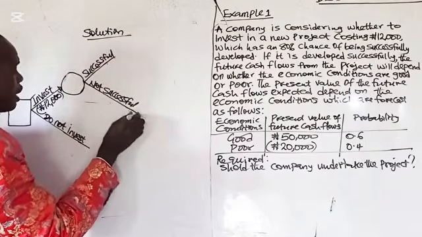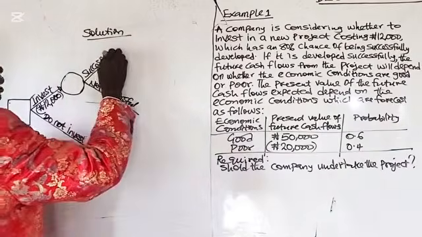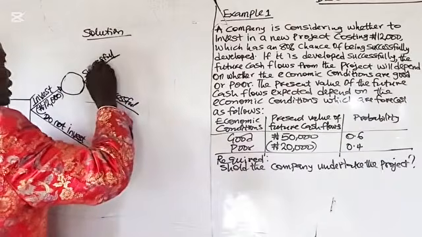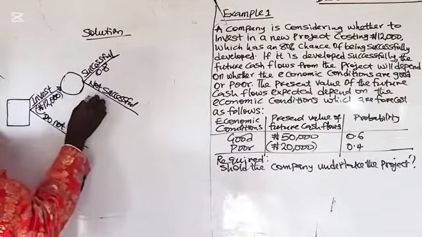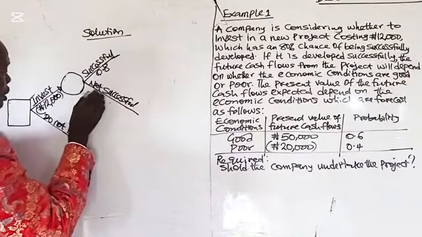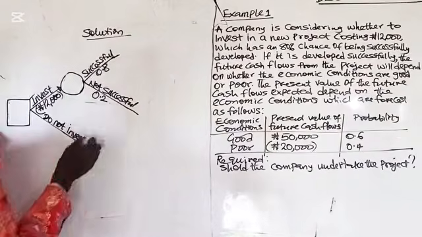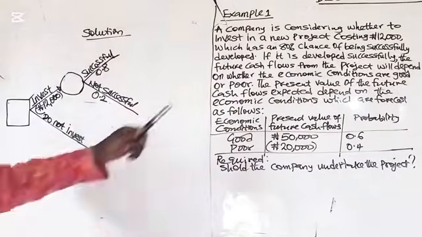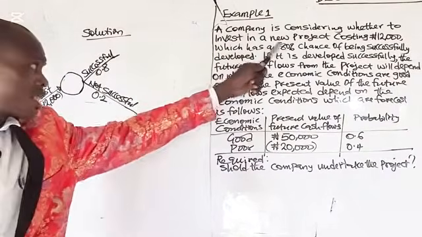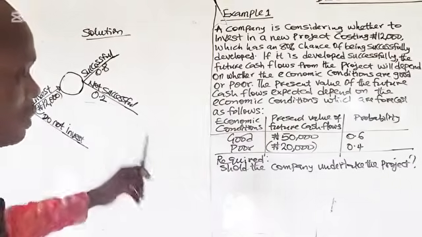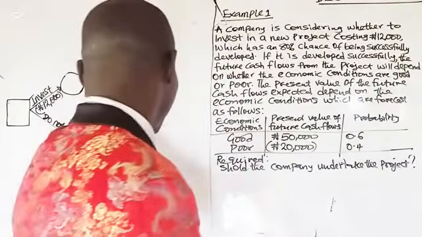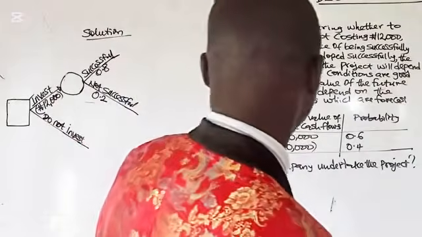The probability of success is 80%, while that of not successful is 20%. If you subtract the 80% from 100%, you'll be left with 20%. So not successful will be 20%.